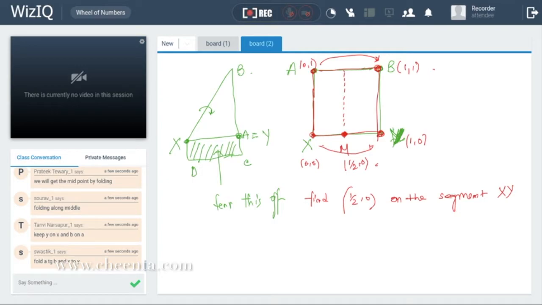Okay, now comes the real challenge. Can you find out 1/3 comma 0 by folding alone? Find 1/3 comma 0. Give it a try.